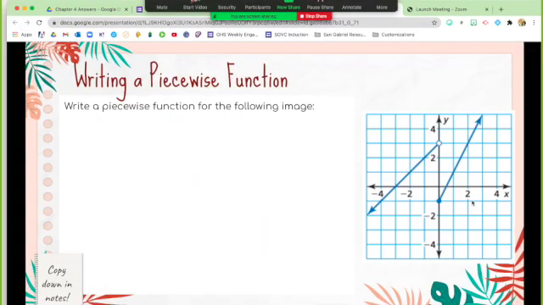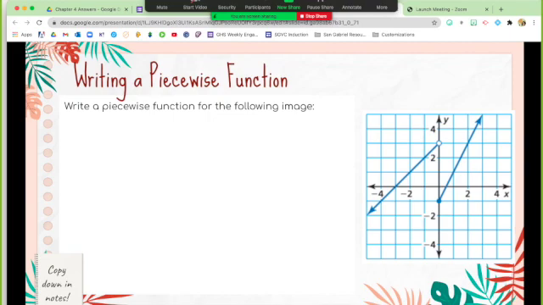So, writing a piecewise function. Let's say we're given an image, and instead of graphing it, we want to create the notation for this image. I want to start off by identifying the ordered points that are a part of my image. I'm going to pick out some ordered points that I see from this image.